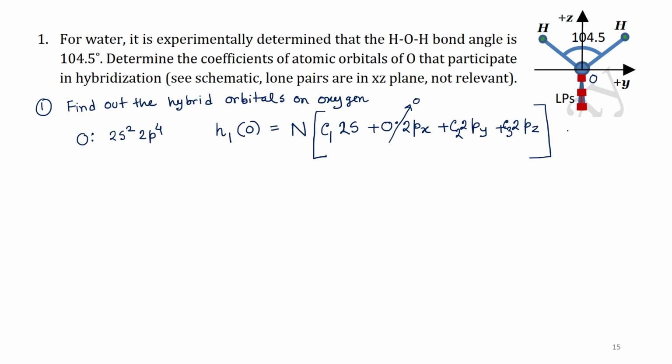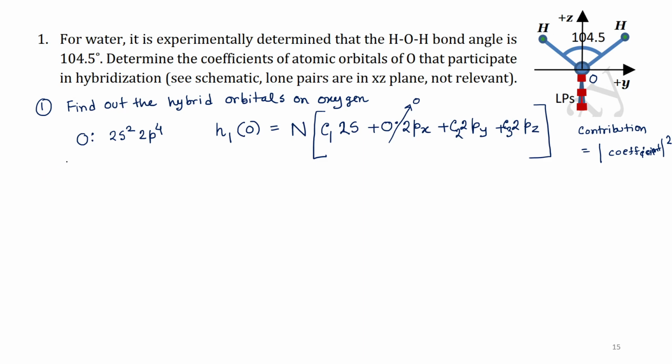The contribution is actually the square of the modulus of the coefficient. Here C1, C2, C3 are the coefficients of these atomic orbitals in the formation of the hybrid orbital on oxygen.